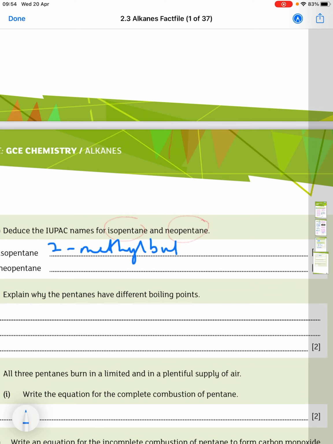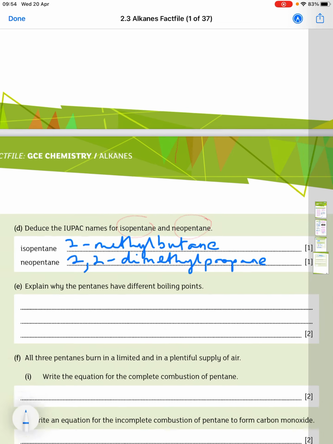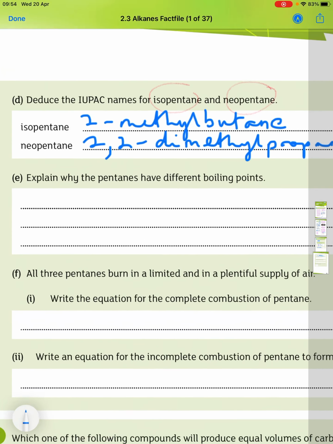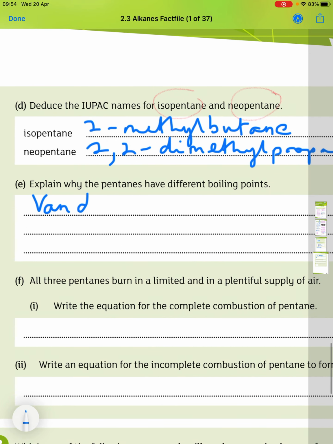So your isopentane is 2-methyl butane, and the neopentane would be 2,2-dimethyl propane.